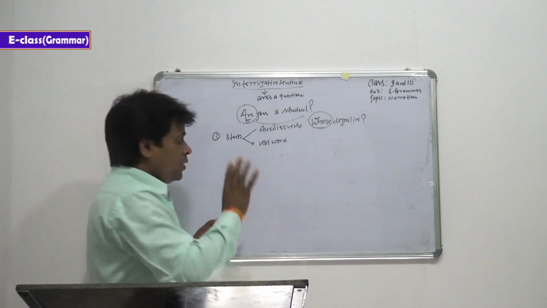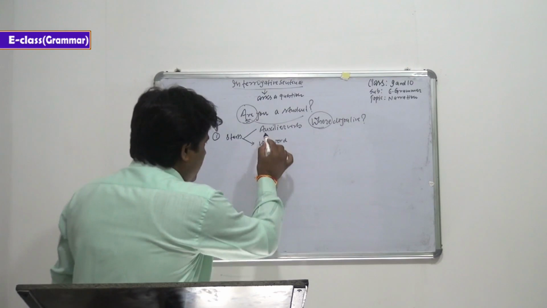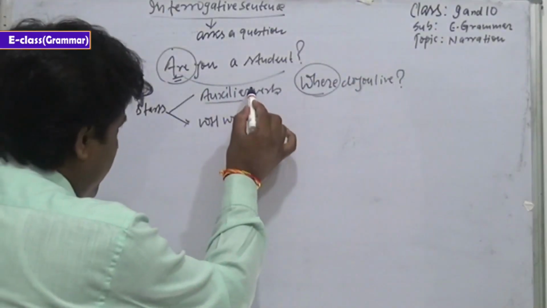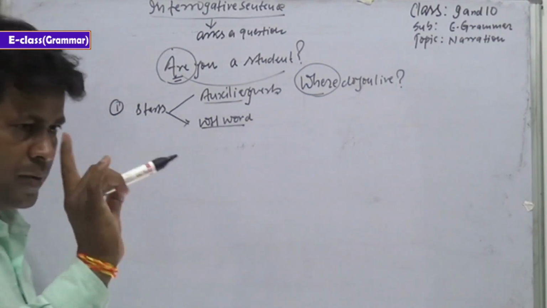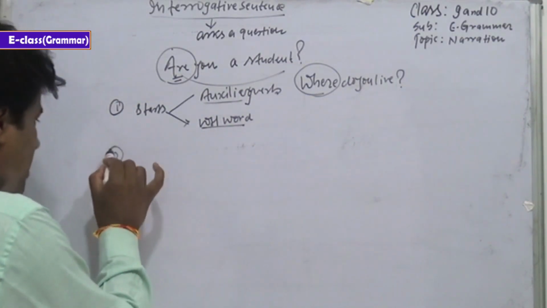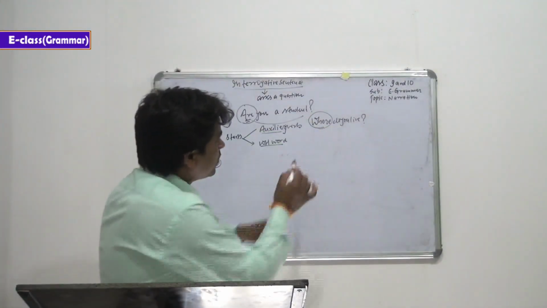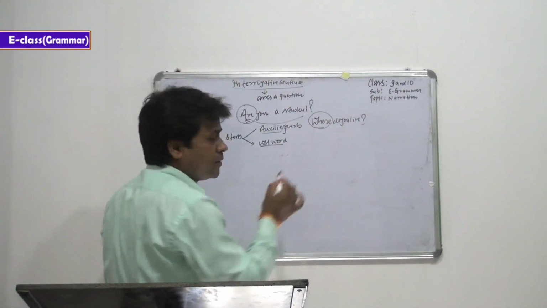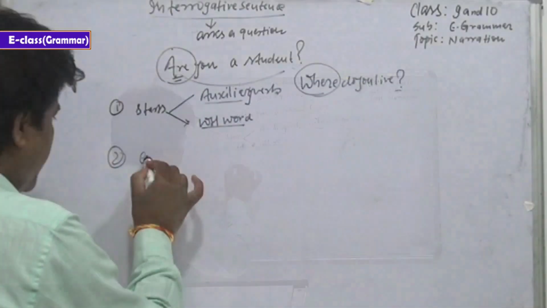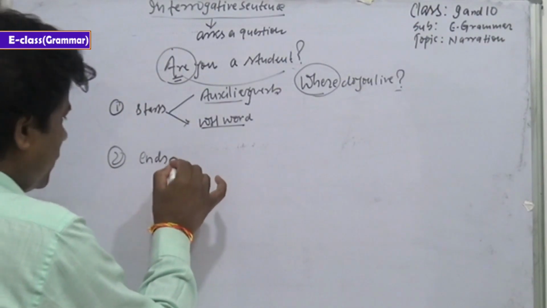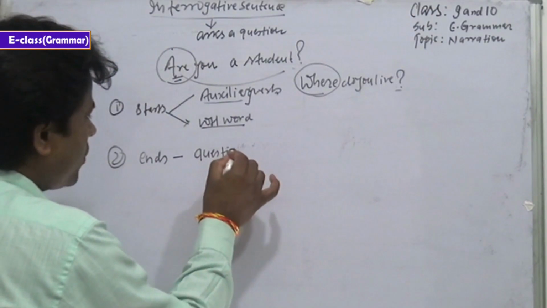So, interrogative sentence begins with an auxiliary verb or WH word. Number one. Number two, it always ends in a question mark. See here, question mark there. So it ends with a question mark.